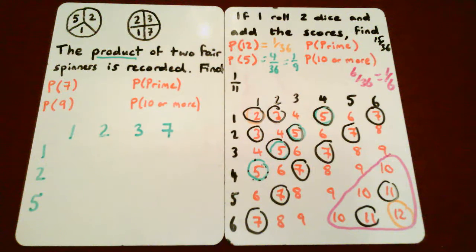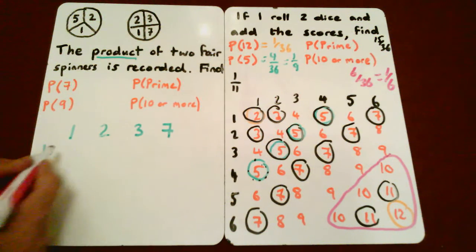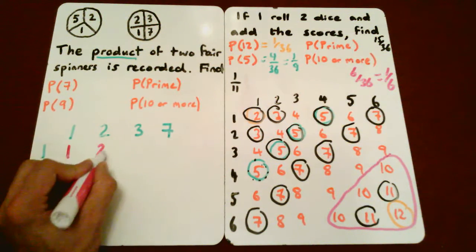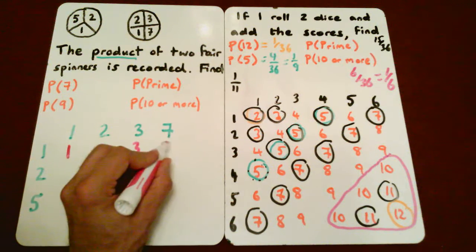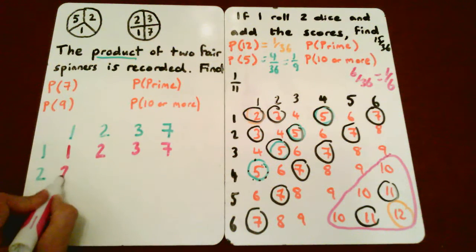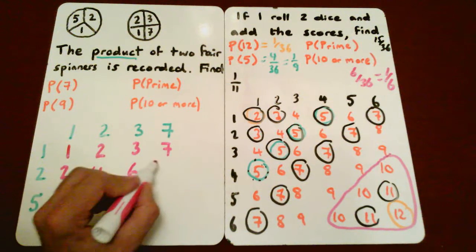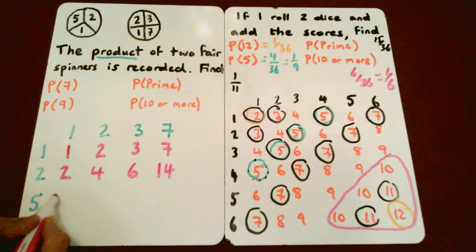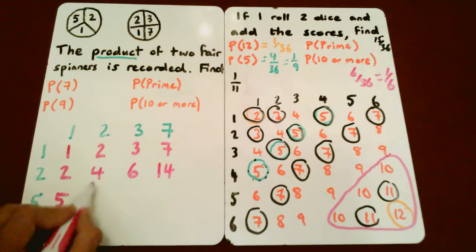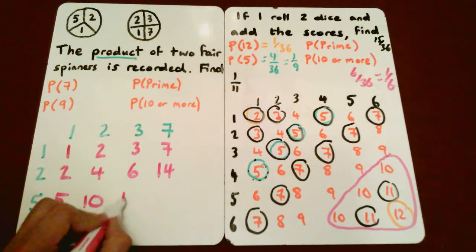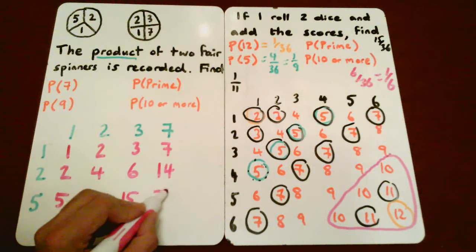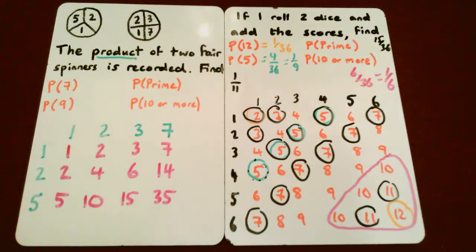So the product is 1 times 1 is 1, 1 times 2 is 2, 1 times 3 is 3, 1 times 7 is 7, 2 times 1 is 2, 2 times 2 is 4, 2 times 3 is 6, 2 times 7 is 14, 5 times 1 is 5, 5 times 2 is 10, 5 times 3 is 15, and 5 times 7 is 35. Now from this, there are 12 possibilities.